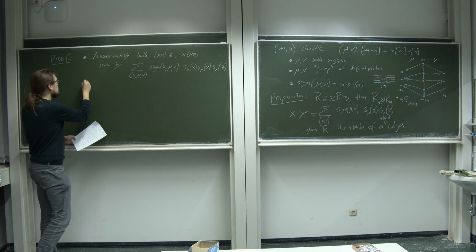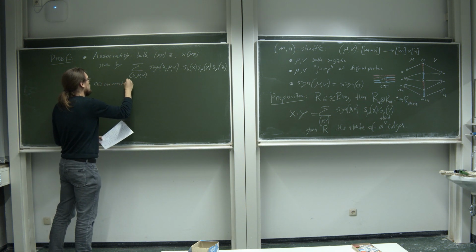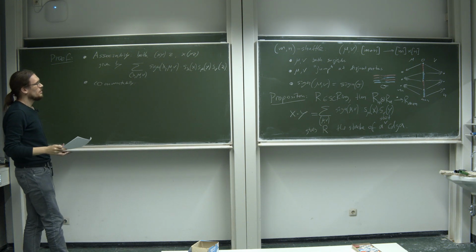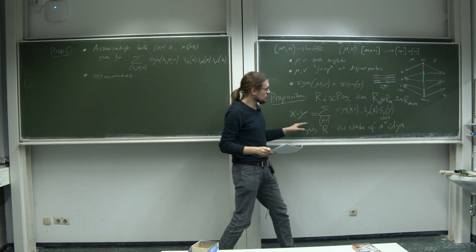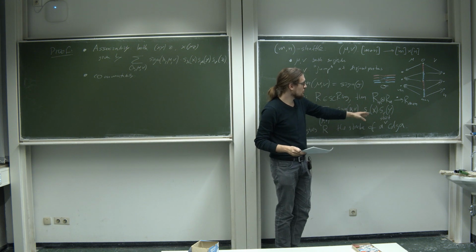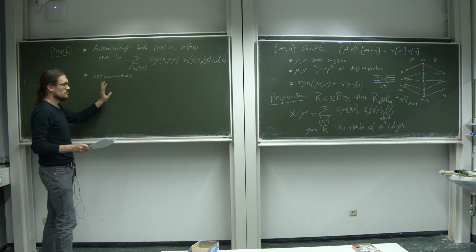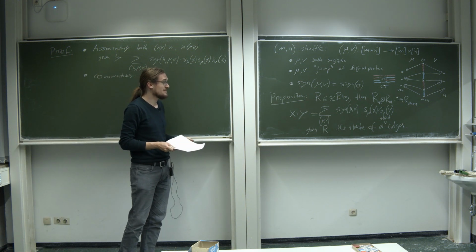So what about commutativity? Well, there you have to check that xy and yx agree. And you'll see that since we're showing graded commutativity, we have to compare xy and yx, and we will get a sign.